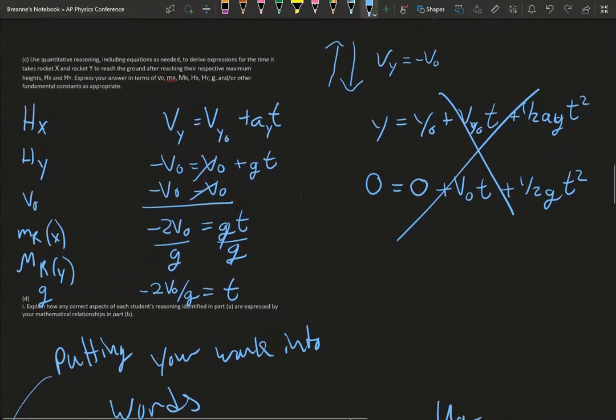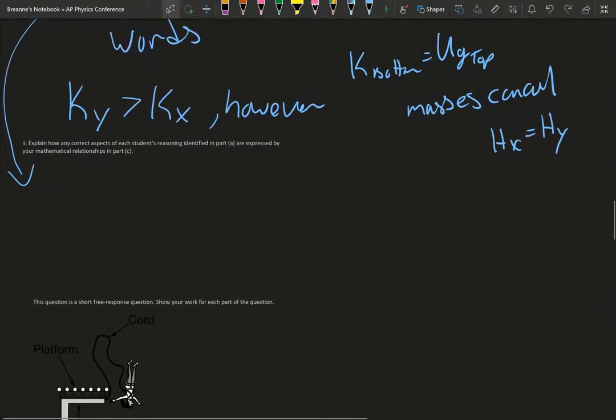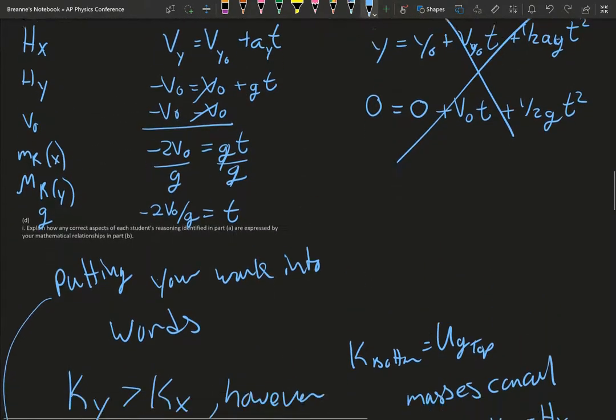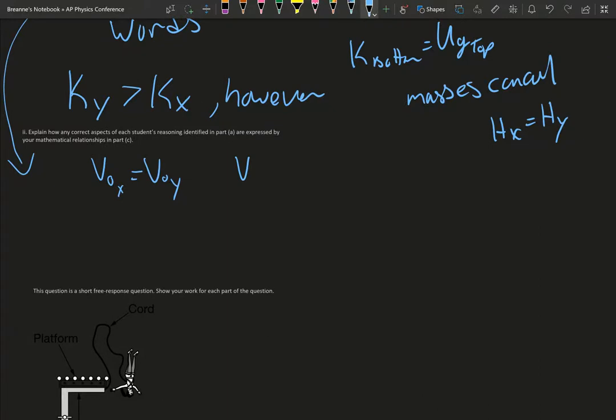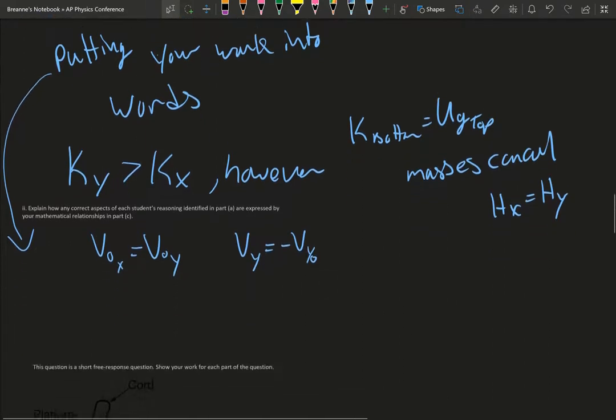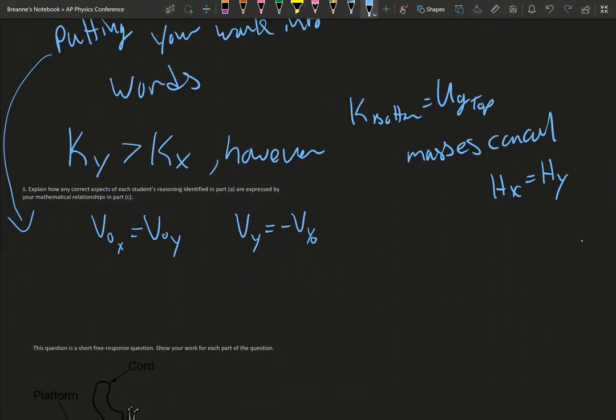So again, kind of the same thing, since your initial velocities were the same, and the final velocity equals just a negative version of your initial velocity, and then your acceleration's the same because it's gravity. Your equations end up being the same.